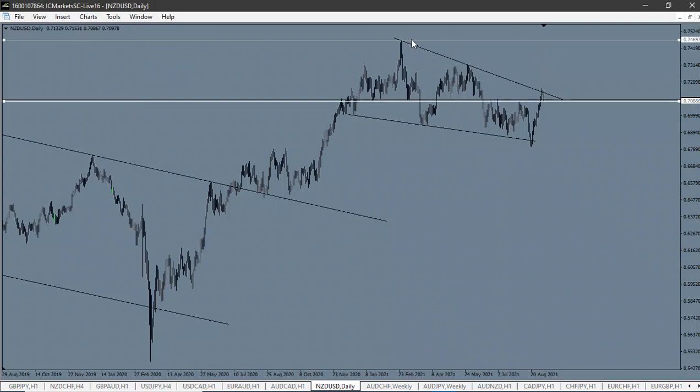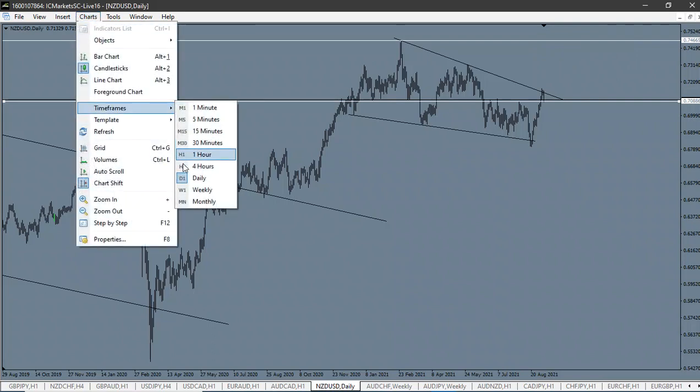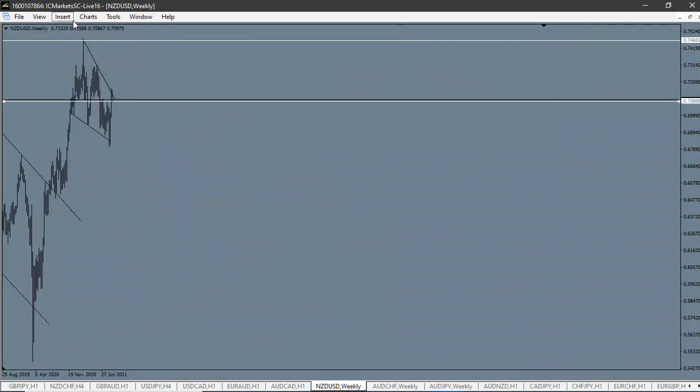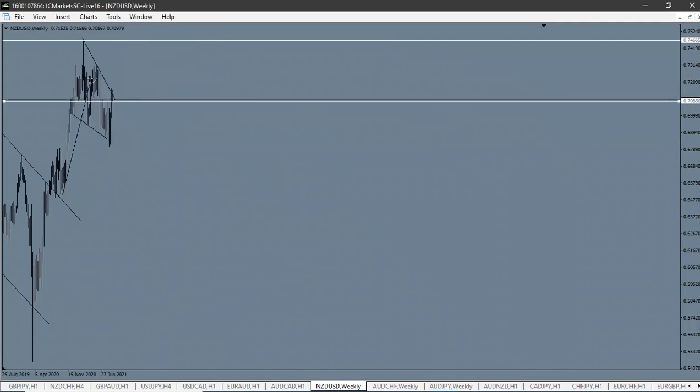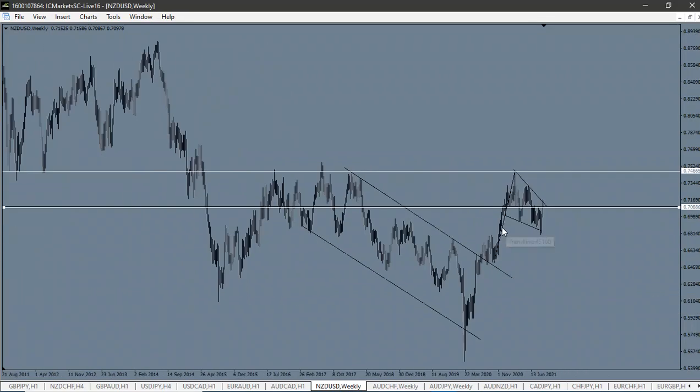This will be our highest point of this flag. So we expect a minimum target will be here and our maximum target will be from this measured move right here.